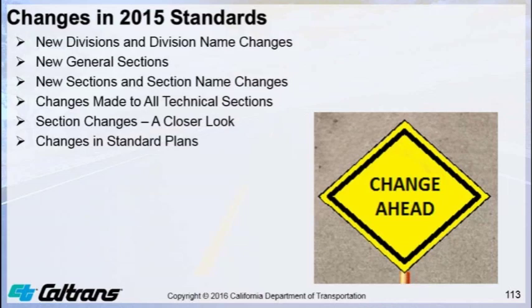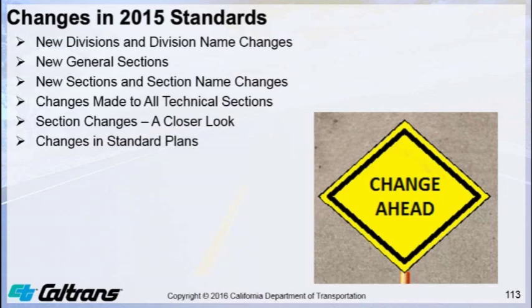Even though there was a lot of reorganization in the specifications, the good news is that the specific technical content is the same as the current 2010 standards, because any changes to the technical content of the 2015 standard specifications were also made to the 2010 standard specifications when the 2015 standard specifications were electronically published on October 30th, 2015.